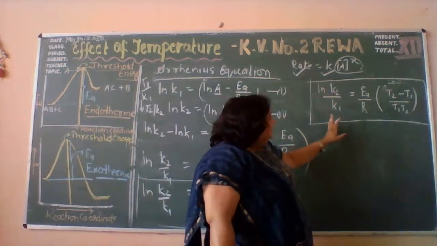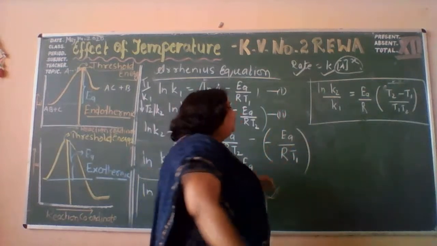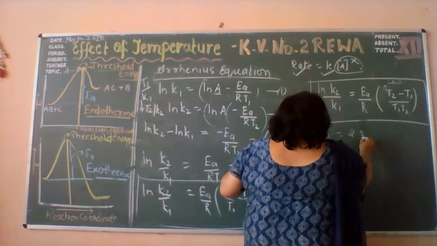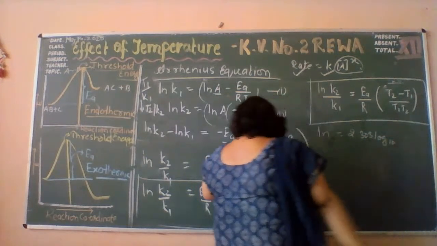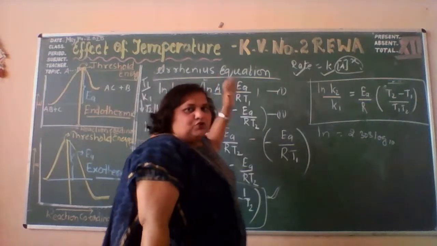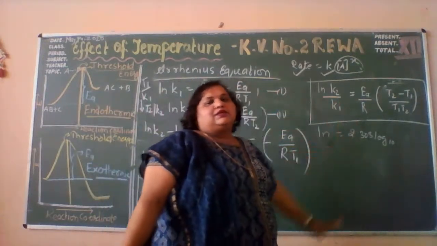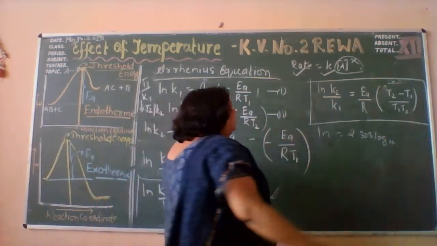Okay, so here is how you will convert it into log base 10. You all know that natural log is equal to 2.303 log base 10. Even at the beginning you could have done it, and even at the end, it doesn't make a difference. The result is going to be the same.